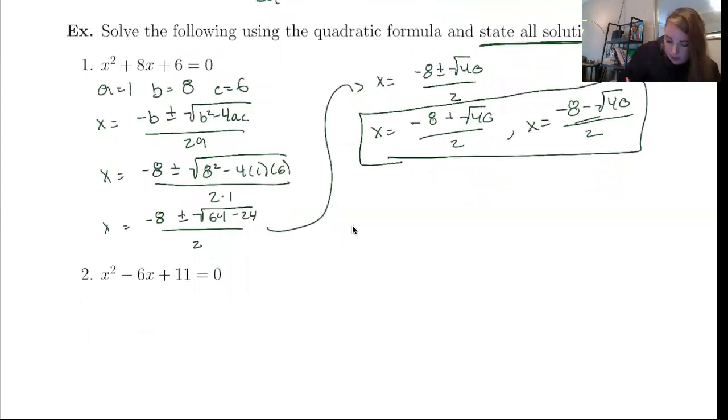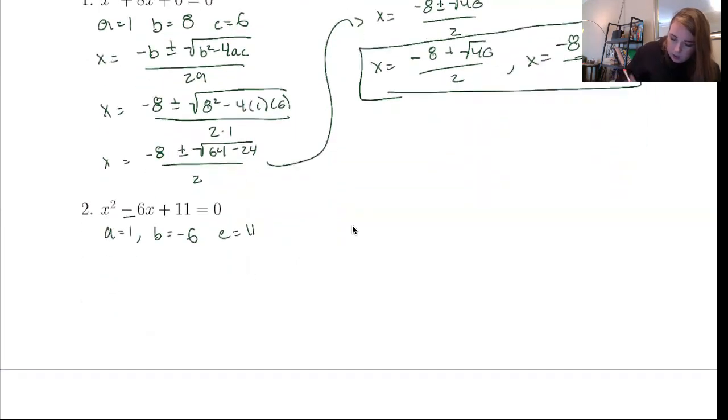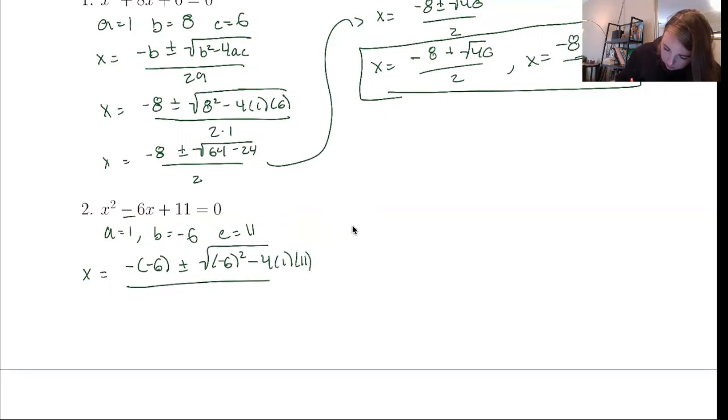So next one. A is again 1. B is, careful, don't forget that negative. It's negative 6. And C is 11. So x is going to be negative negative 6. That's always a tricky one. Plus or minus the square root of negative 6 squared minus 4 times 1 times 11, divided by 2.